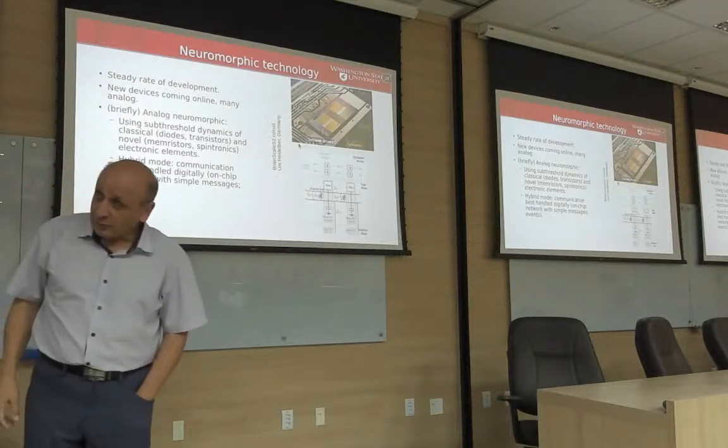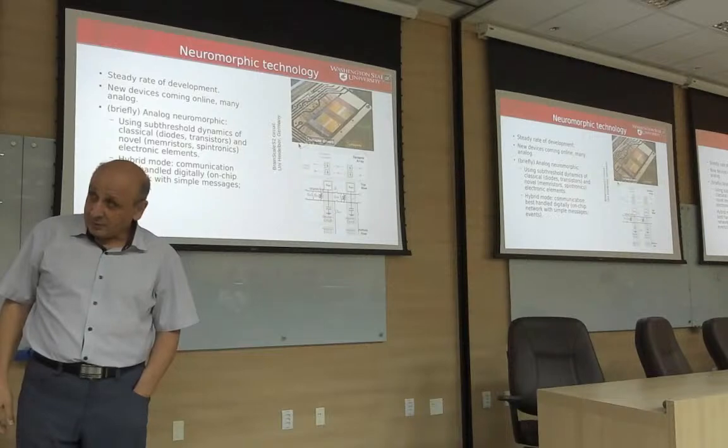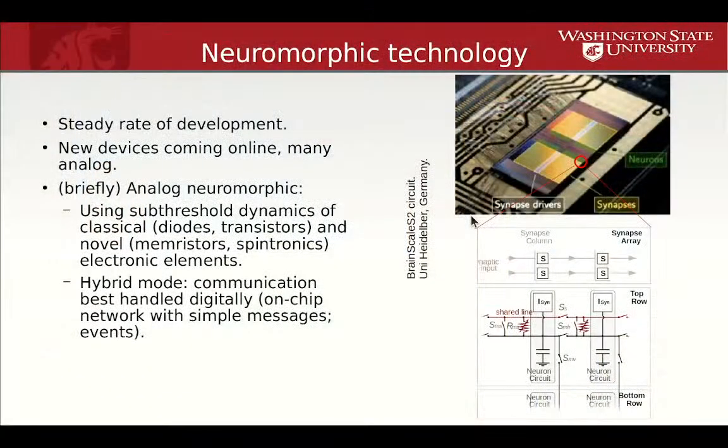Just an example of what elements are in the BrainScales chips. You can see variable resistors, capacitors, op-amps are all there, and so currents just flow the way they would flow through those elements.